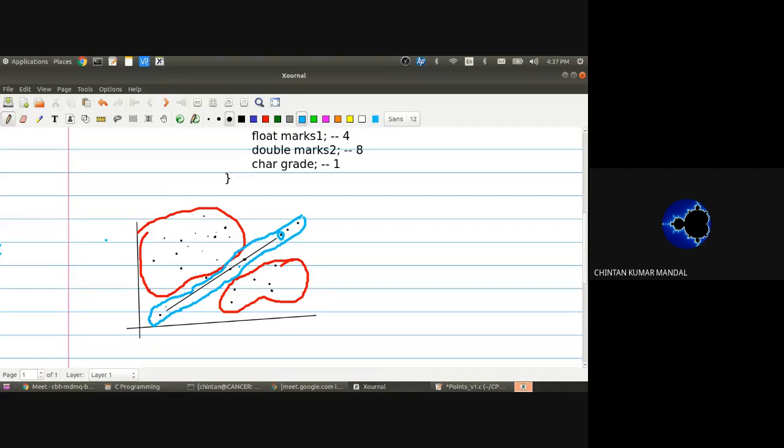But if it is lying on either side, I'll keep the slope of this line, the slope of the line from the first point of the line segment. If this is my first point and this is my second point, I'll always find the slope from here.